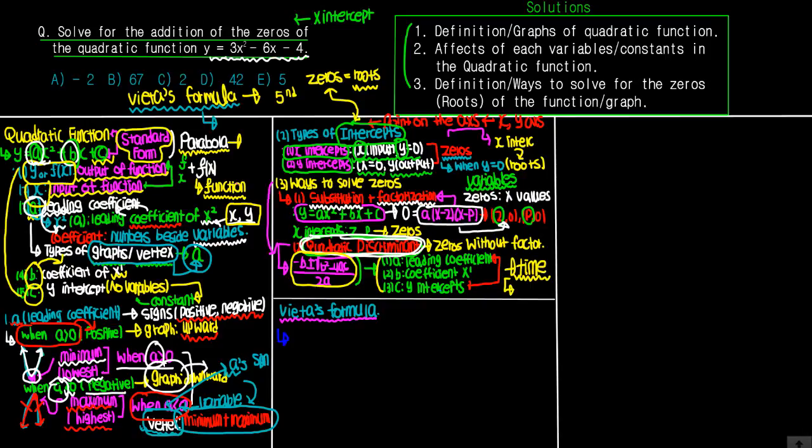The first thing will be the addition of roots. The second thing will be the multiplication of roots. It is formed by two things, addition of roots and the multiplication of roots.